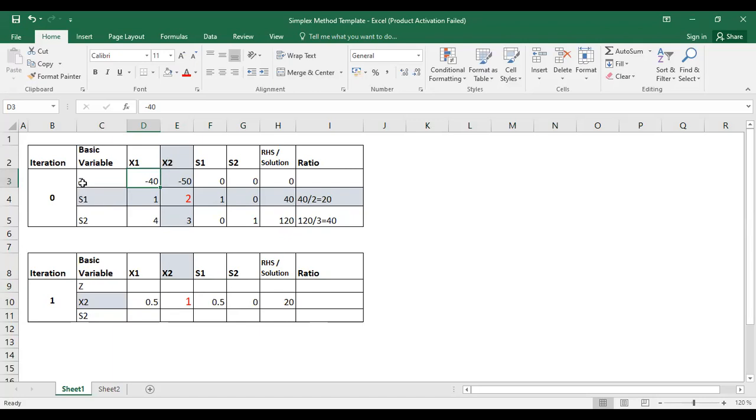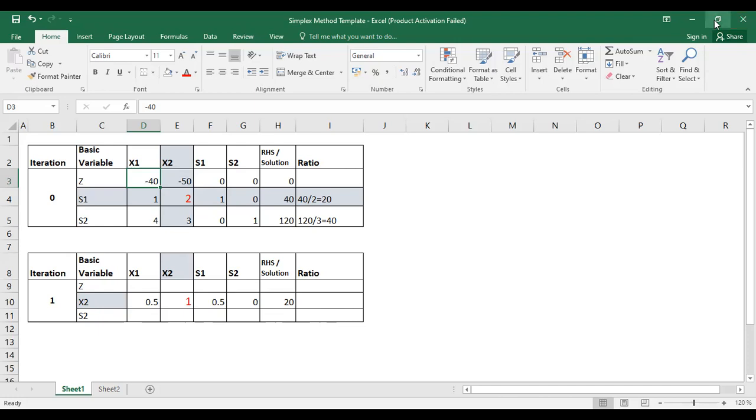When we take the 0, the coefficient on its pivot column is -50. Then we multiply that -50 by the new pivot row values that we have found.